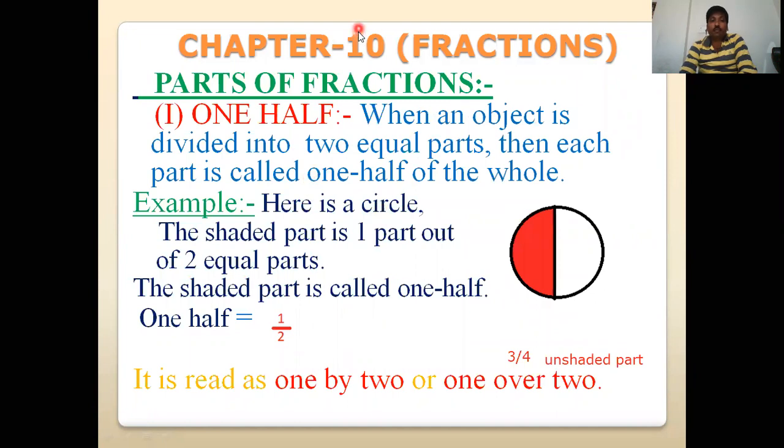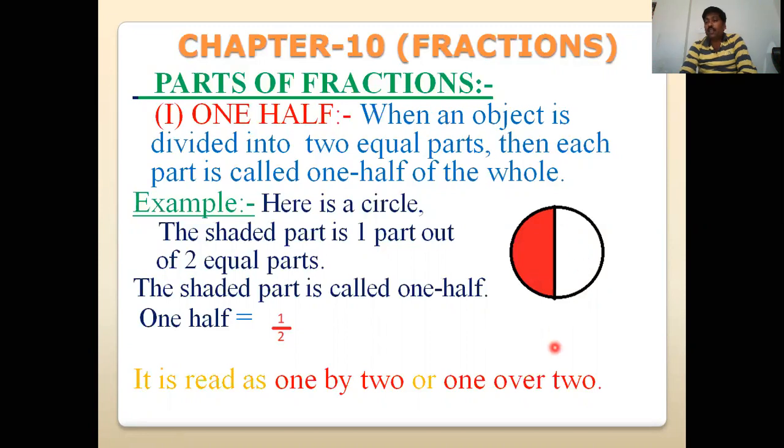What is 1/2? When an object is divided into 2 equal parts, then each part is called 1/2 of the whole. This is a circle. Here I have divided it into 2 equal parts, one part and this part.